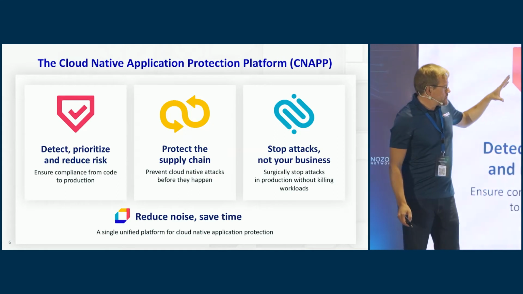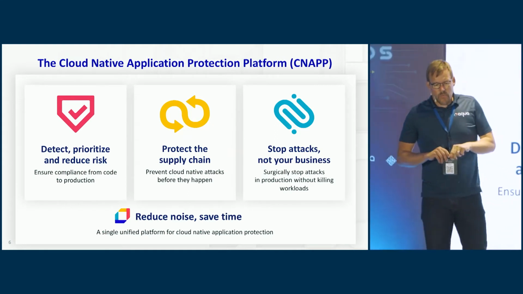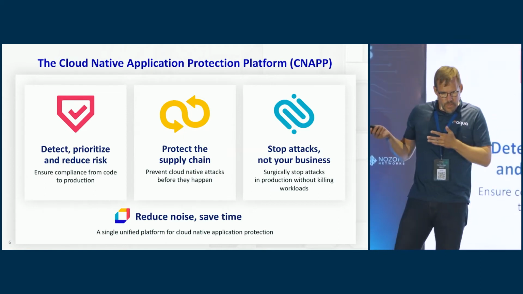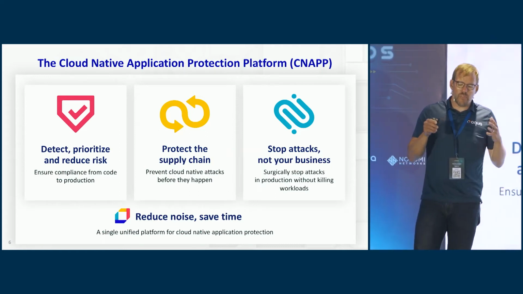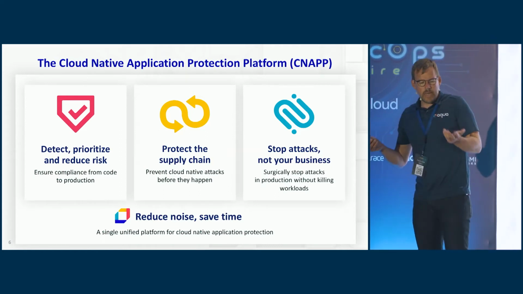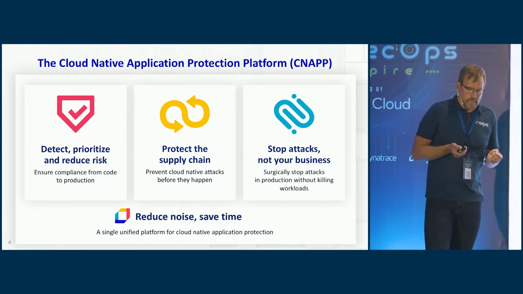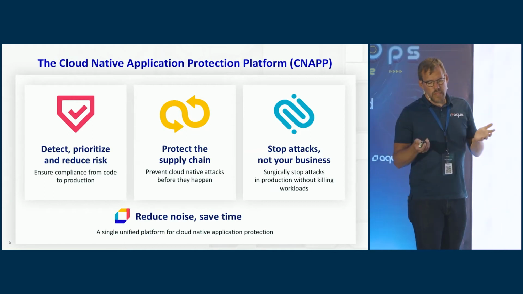And then protection. Protection is very, very important, especially from the supply chain attack, so that you can write rules that nobody can bring in certain risks or certain vulnerabilities. This is stopping.